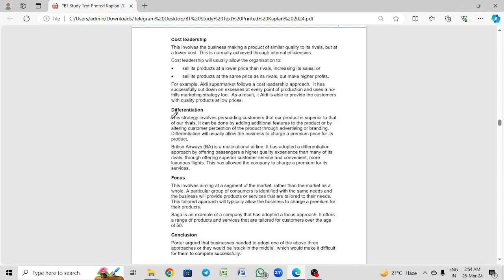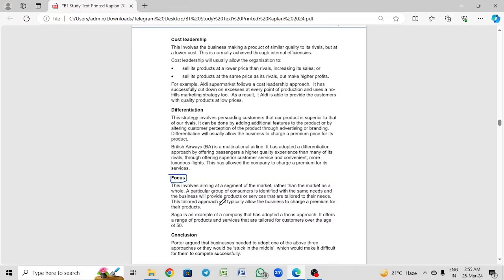ठीक है, फोकस. ओके, व्हाट इज़ द फोकस मार्केट सेगमेंट दैट वी आर फोकसिंग ऑन. ठीक है, वेदर वी आर फोकसिंग ऑन द particular group or on the overall market. ठीक है, whether we are able to satisfy the needs of our target market or not. ठीक है, अगर हम अपने टारगेट मार्केट के नीड सेटिस्फाई कर पा रहे हैं अच्छे से, तो हम उनसे प्रीमियम प्राइसेस भी हम चार्ज कर सकते हैं. ठीक है, अ पर्टिकुलर ग्रुप ऑफ customers is identified with the same needs, and the business will be able to provide goods or services that are tailored to their needs.